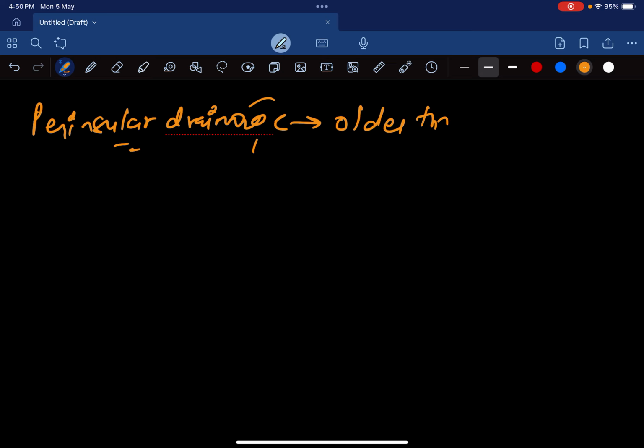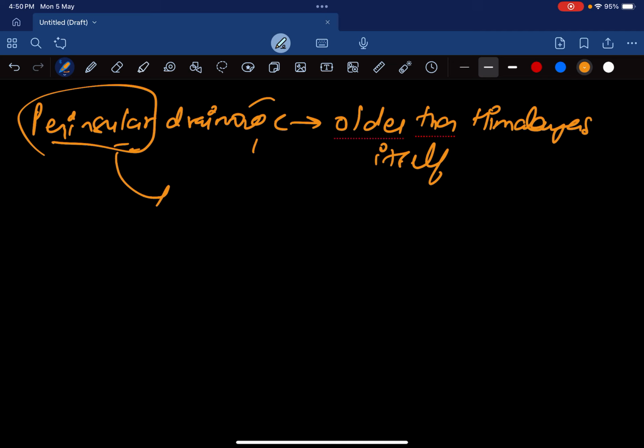Now let's move to the peninsular India or the peninsular drainage. So if we talk about the peninsular drainage, it is older than the Himalayas itself. The peninsular rivers are fed. चलो इसके बारे में डिफरेंस हम बाद में देखेंगे. Right.